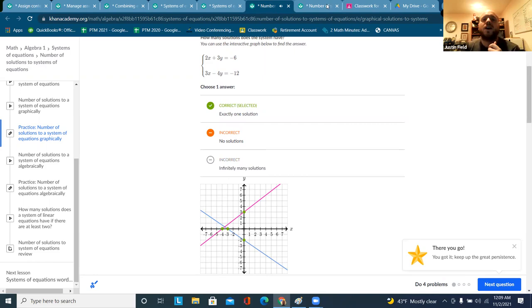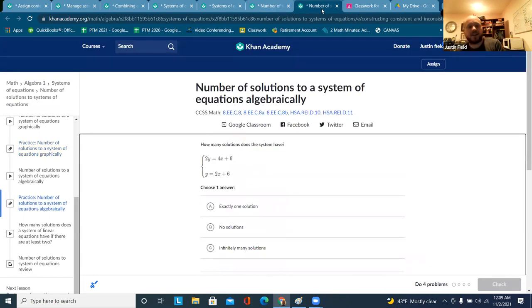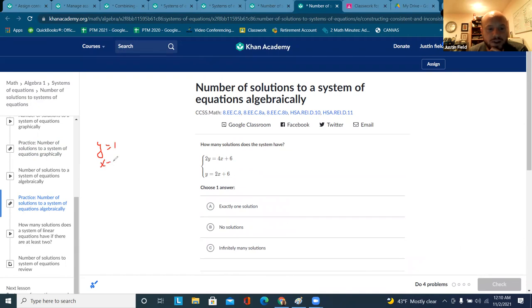Ta-da! All right, and the last thing is, if you solve the system and you get an answer, y = 1, x = 2, that's because there's one solution. But if the variables both cancel out, then you're going to be left with only the numbers.